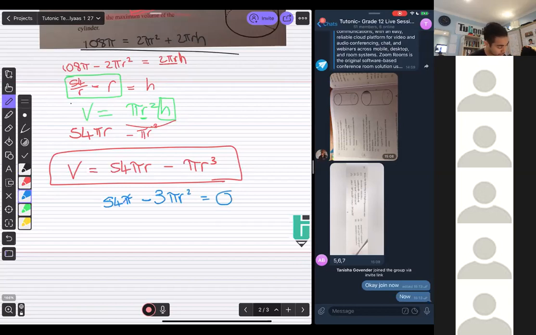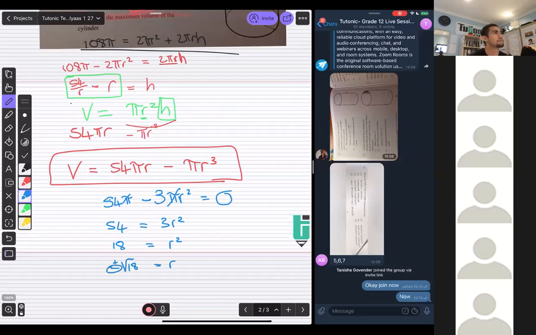You can cancel the pi's. 54 equals 3 r squared. 54 divided by 3 is 18. So r squared is 18. Can r be negative root 18?